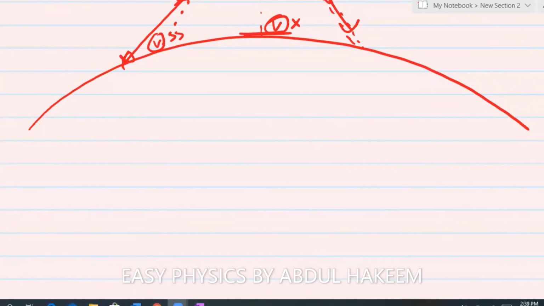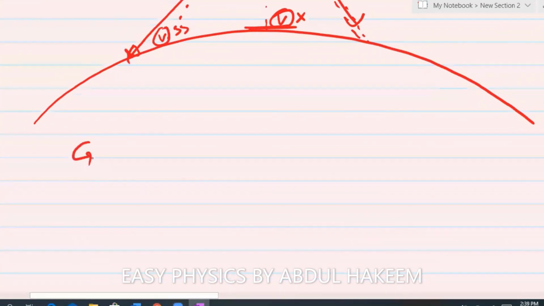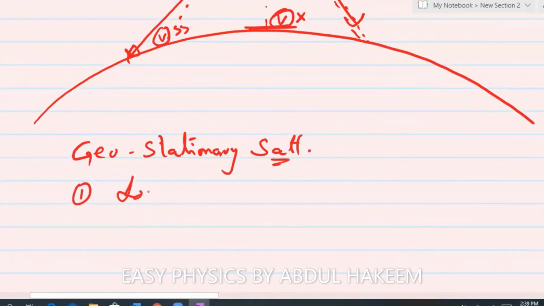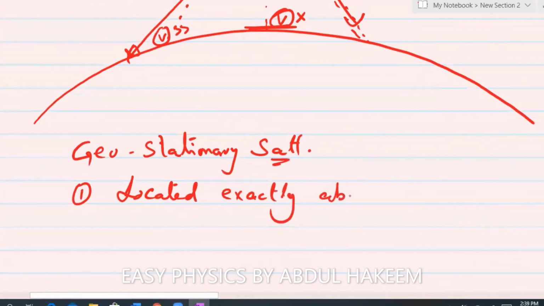Okay, so geostationary satellite: it is located exactly above the equator.